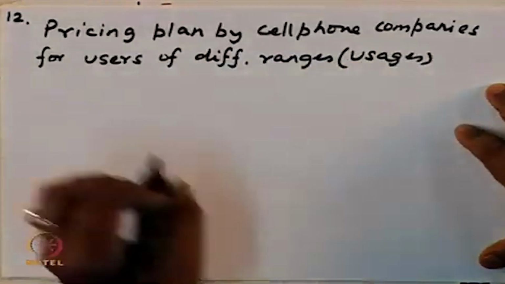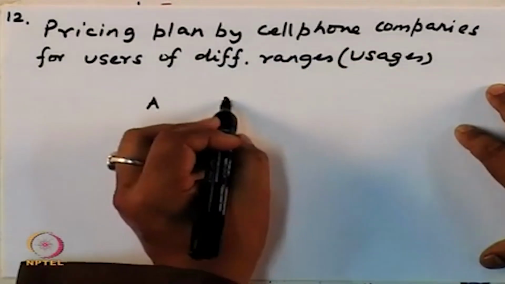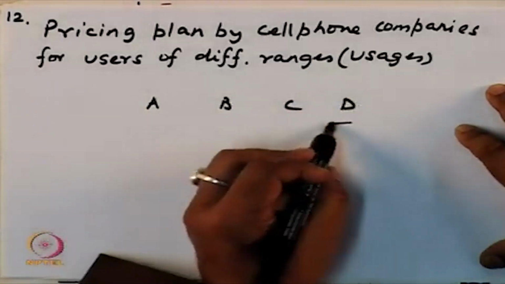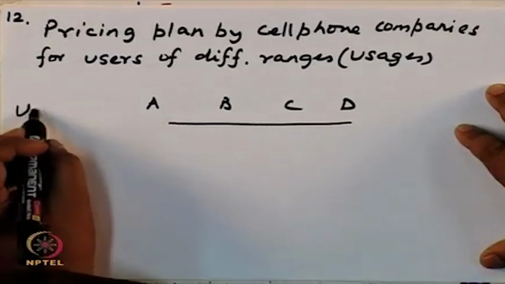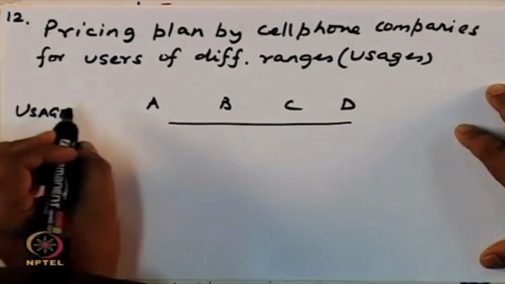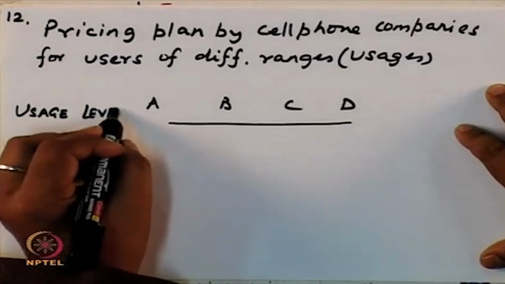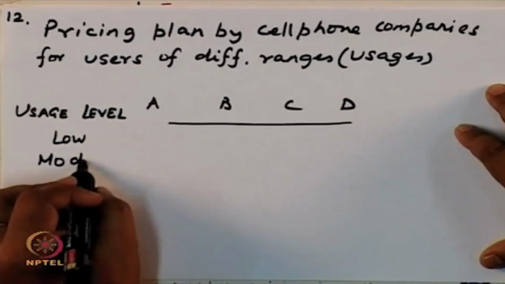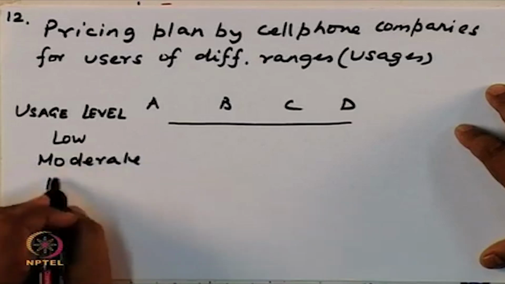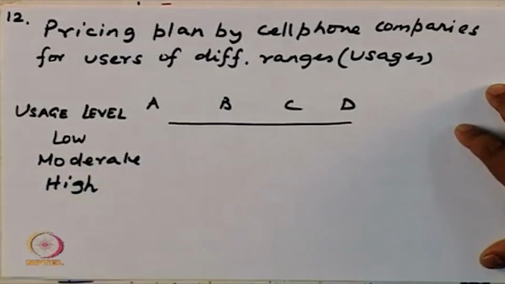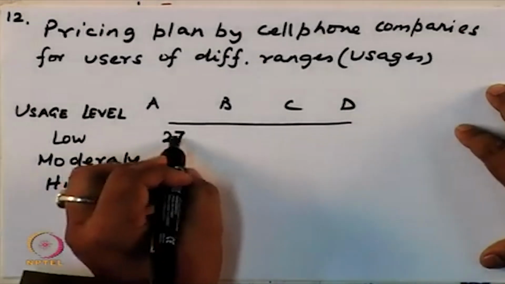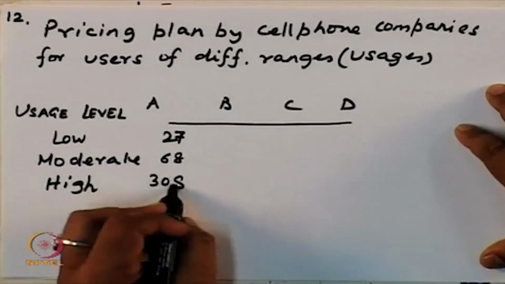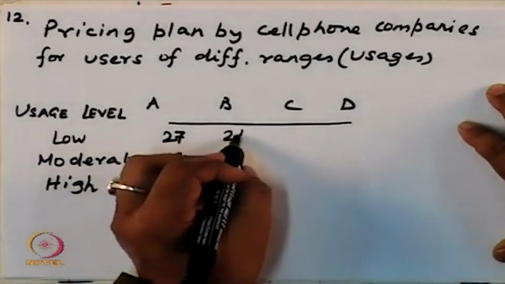So, imagine there are 4 companies A, B, C and D, and as per the usage level, it can be low, moderate or high, and let us say you have sample rates at which they charge.